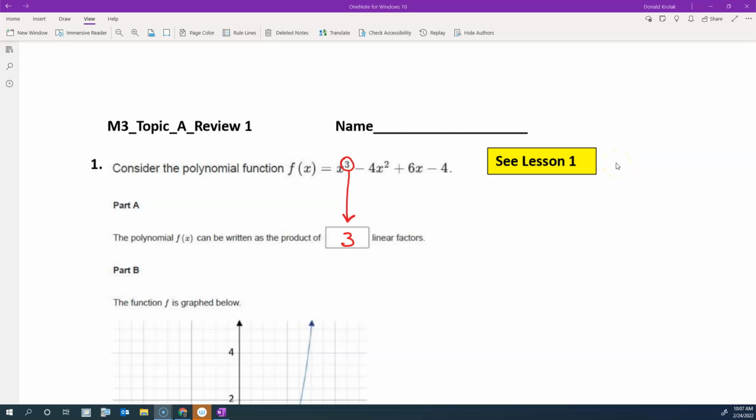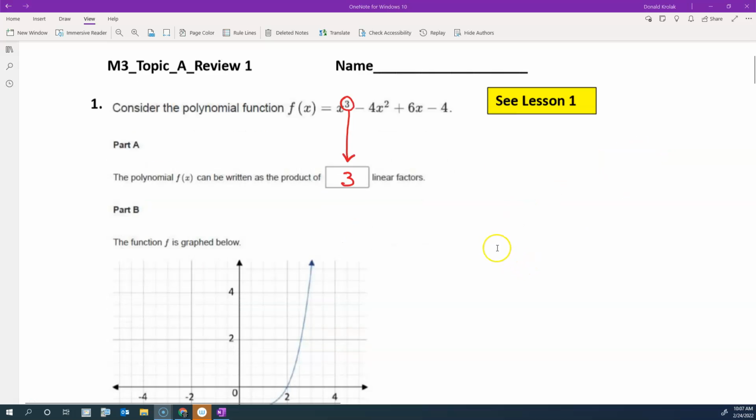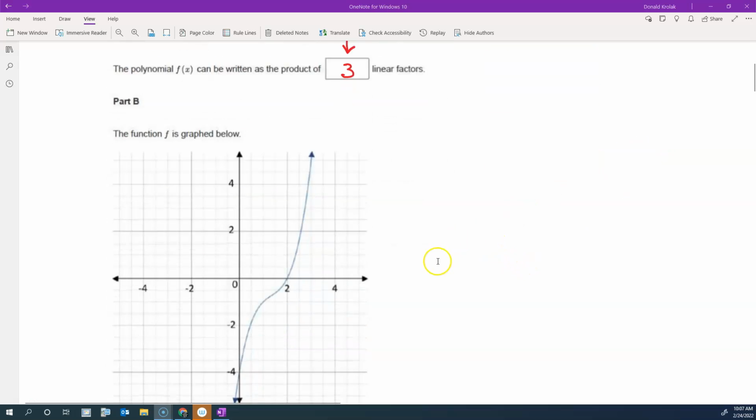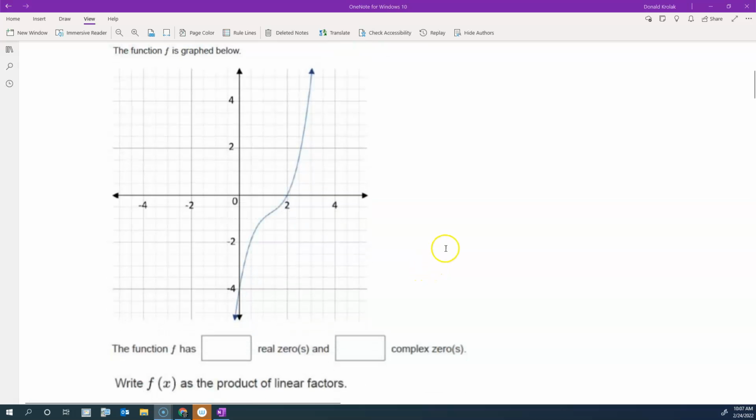So the fundamental theorem of algebra tells us that we're going to be able to break this down into 3 linear factors. All right, so there's the graph of it. If I look at this, how many real zeros do I have? 1, because we have one x-intercept right there.